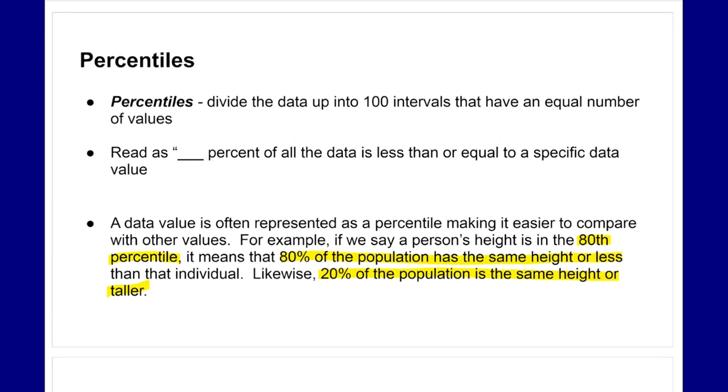If there's very little data above them, then they are near the top, on the extreme end. Same as if there's a high percentage above them, then they're on the other extreme. Likewise, if we said the 10th percentile, 10% is the same height or less, which means they're on the low end, whereas the 80th might be on the high end.